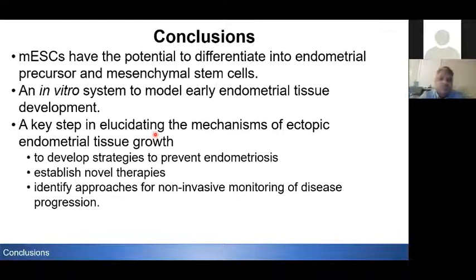And this was the reason we used mouse embryonic stem cells, because from patients, it is very hard to get a sufficient amount of endometrial stem cells. However, the fibroblasts can always be reprogrammed and then later on used to generate these endometrium tissues. But we did not pursue that approach.